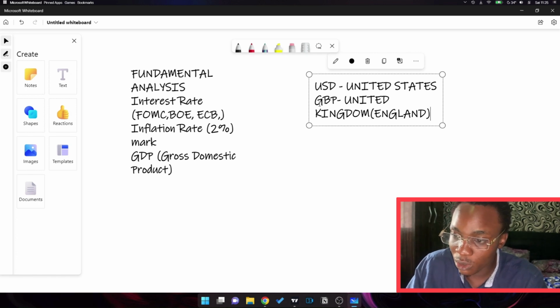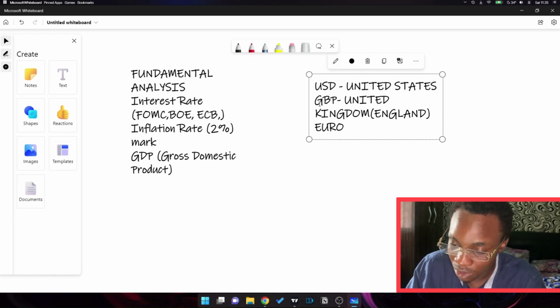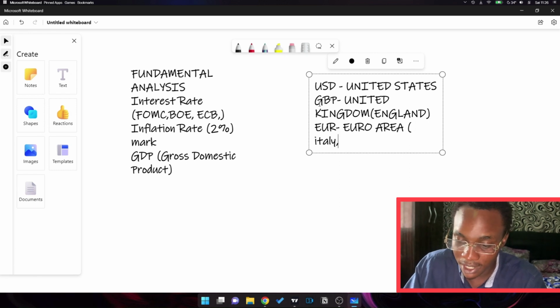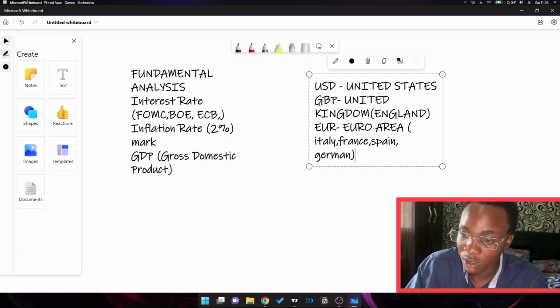We also have the euro, which is the euro area, that's Italy, France, Spain, Germany, and all, but they are all classified under the euro area.